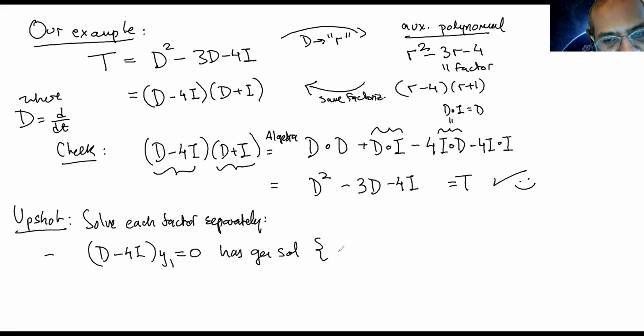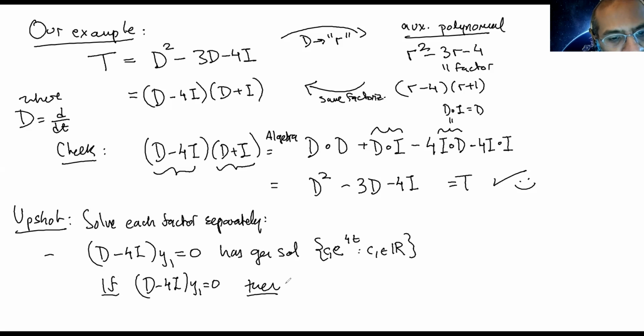We already figured it out. The general solution is e to the 4t times c1. And the key point is, if you have such a solution, then what's T of y1? Well, I factorized T above in this manner here. But again, all this rests on the fact that differentiation is a linear transformation.